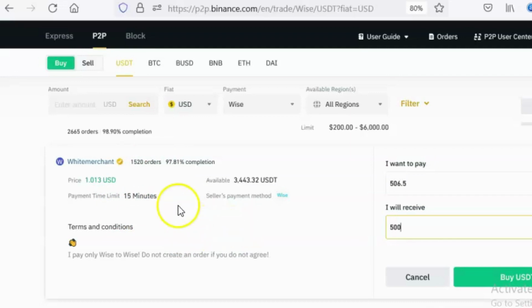And once we don't make payment, naturally the USDT will revert back to his account, because all the while that we are trading, his USDT would have been held in escrow by Binance. So once the 15 minutes elapses and we don't make payment, then the BTC or USDT in this case will revert back to his account.